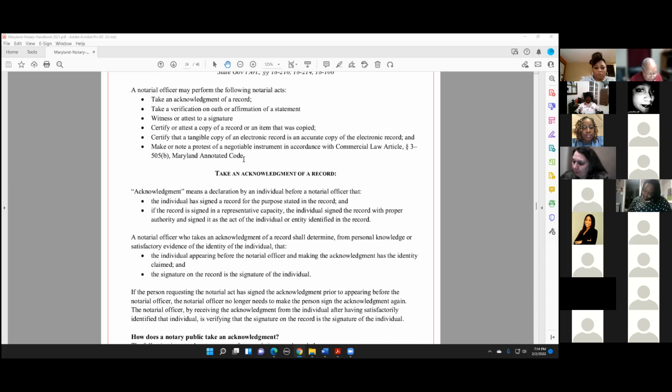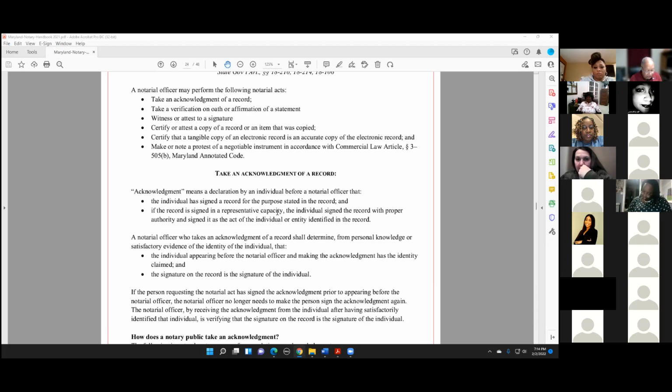So what that means is that the individual who is signing that record must be signing it for the stated purpose of that record. And if the person having the record notarized is in a representative capacity, they must be the authorized representative of that organization or group.